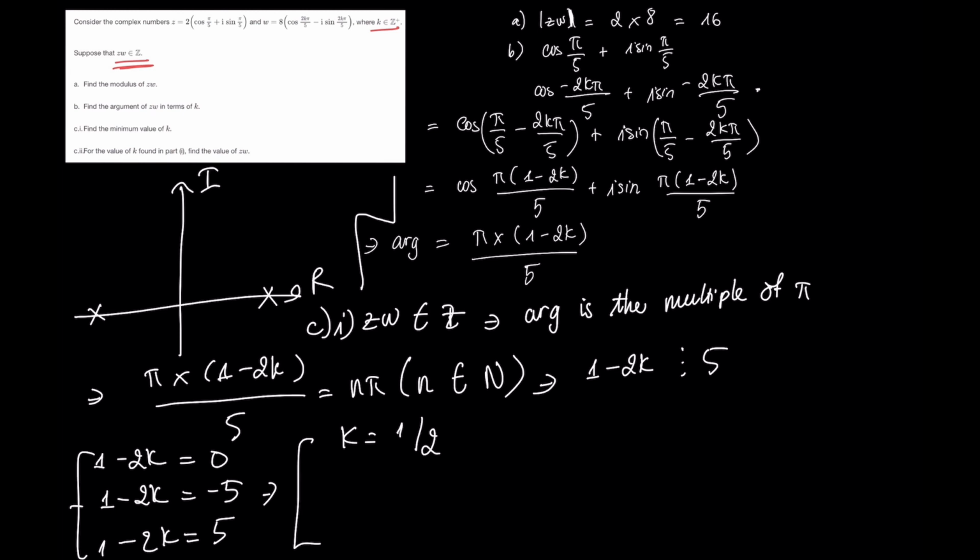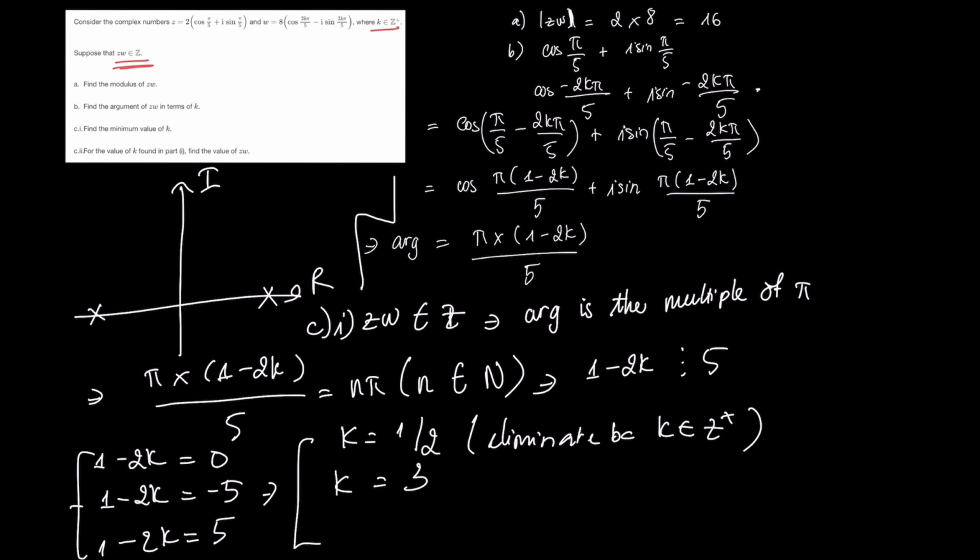If 1 minus 2k equals 0, k has to be equal to 1 over 2. We cannot use that, since in the question it states that k has to be a natural number.